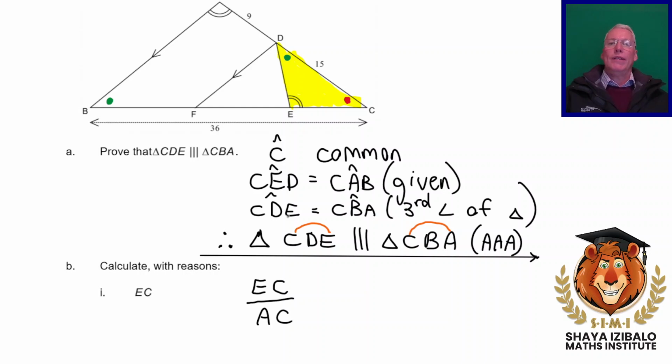Do I know AC? Yes, I do know AC. Now we can take another combination out of here and the same corresponding piece out of here. This over this will be the same as, now what we don't want is another one that we don't know. In this yellow triangle we know DC. So if we now take DC from here, then we must take BC from here.